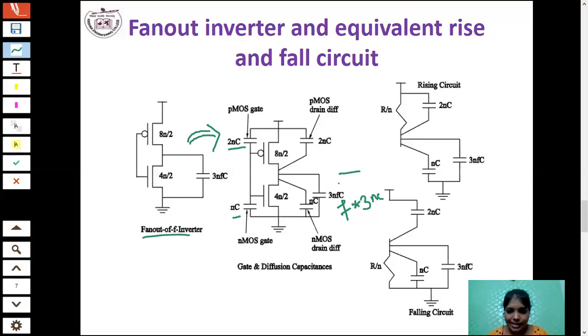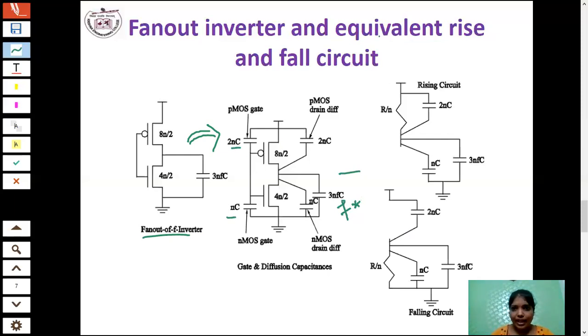The 3NC is nothing but the sum of the capacitance of the PMOS and NMOS. You have to add only the input capacitance, that is the gate capacitance value. That is 2NC for the PMOS transistor, NC for the NMOS transistor. Just add these two, you will get 3NC. Okay, so here you got it.